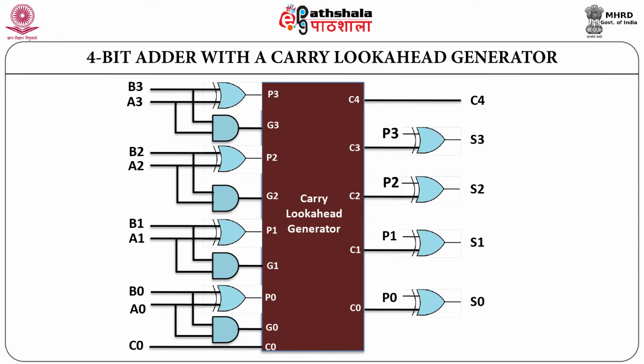The expressions are implemented by using 6 AND gates and 3 OR gates. Out of these, the 2 input AND gates are 3 in number, 3 input AND gates are 2 in number, 4 input AND gate is 1 in number, and OR gates carry 4 inputs, 3 inputs and 2 inputs.